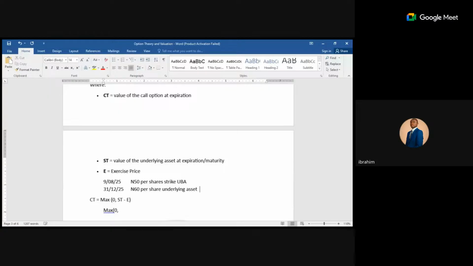This is the ST, the value of the underlying asset at the date of maturity, 60 naira, minus the exercise price. That is the strike price, which is 50.